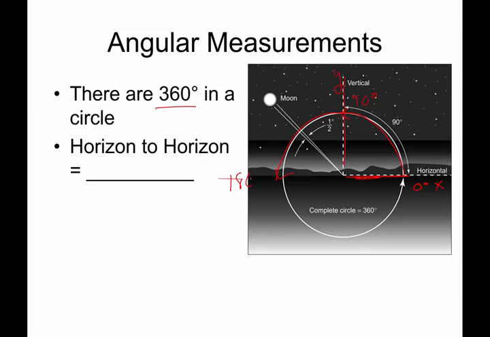Okay, that's 180 degrees. If you go down to the bottom of the circle, how many degrees? 270. And all the way back to the beginning of the circle, there's 360 degrees. So one complete circle is going to contain 360 individual degrees. And I certainly can't draw 360 lines.